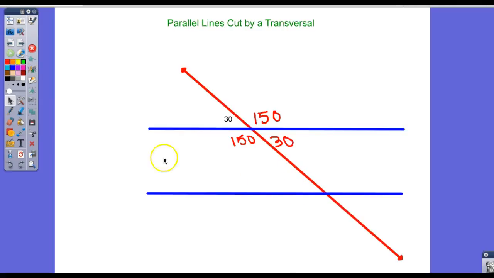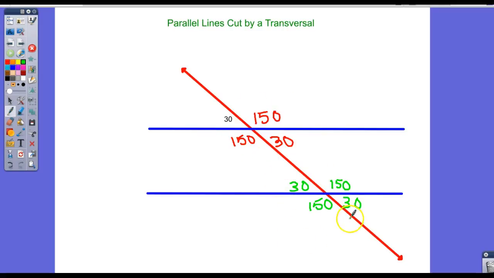Well, what does that mean? That means I have a nice little result here. This angle right here is going to be the same as the one that corresponds with it down here. And of course, that results in this being a linear pair, and these being vertical angles, and these being vertical angles, and the same reasoning all the way around here.